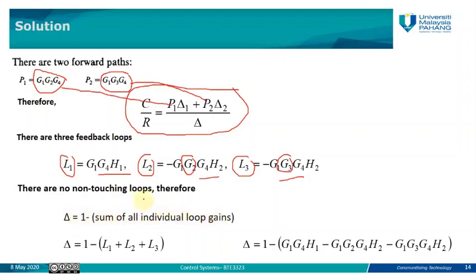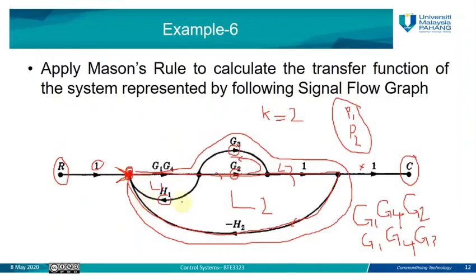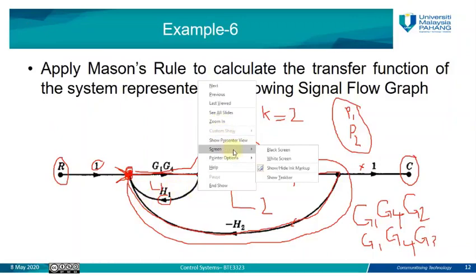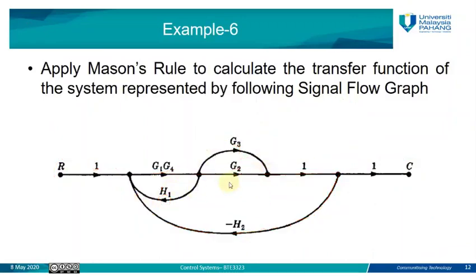Do we have any non-touching loops? Does loop 1 touch loop 2? Is there any common node between loop 1 and loop 2? Yes, they have this node in common, so they are touching loops.